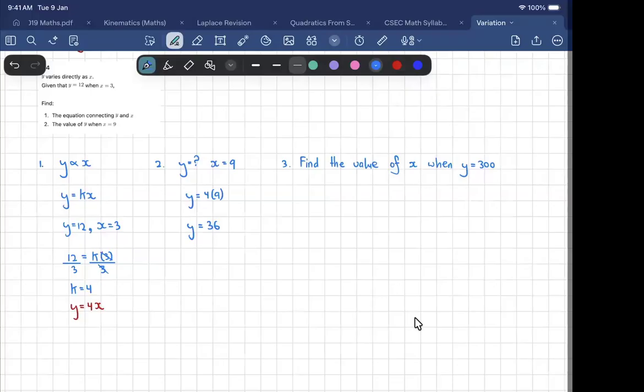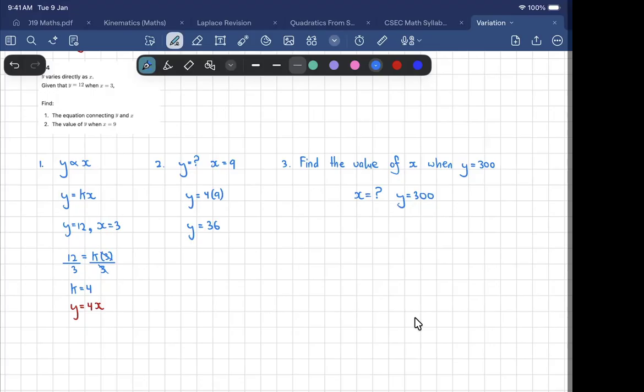So, we'll start off with putting x equals question mark, and y will be equal to 300. Then you'll have to divide that by 4. Yes, that's correct. Well, we had already worked, right?